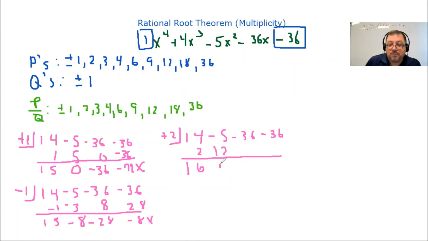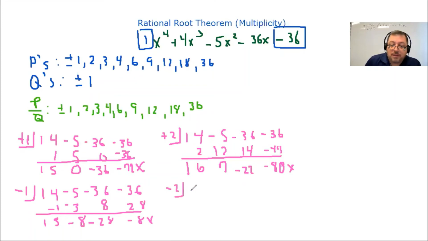Negative 5 plus 12 is 7. 2 times 7 is 14. Negative 36 plus 14 is negative 22. 2 times negative 22 is negative 44. The remainder is nonzero, so that doesn't work. So let's try minus 2, negative 2.